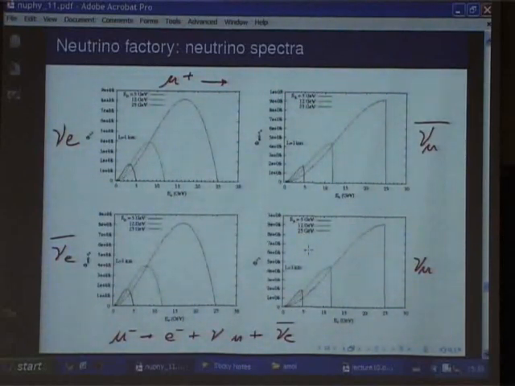This means you can identify whether you got a mu or mu bar. Now, if you got a mu here, you know that it came from this spectrum. If you see a mu bar here, you know that it came from this spectrum.